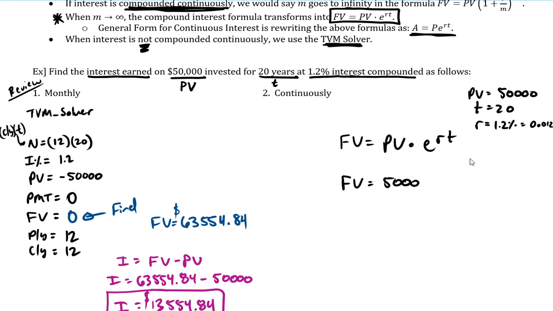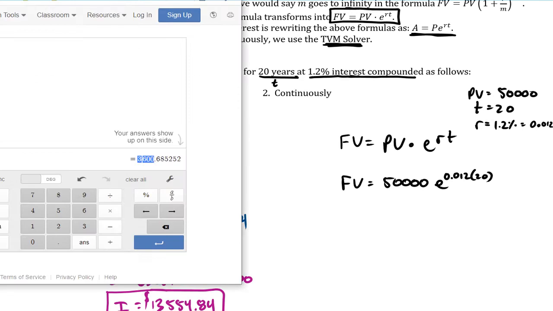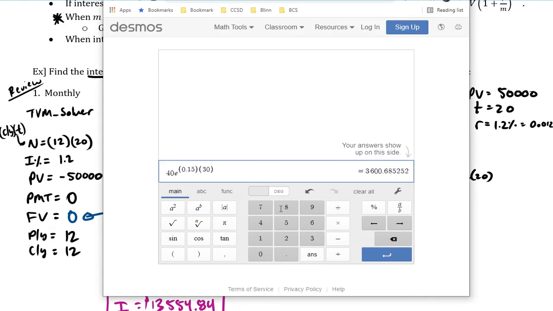So the future value is 50,000 times e to the 0.012 times 20, like that. And that's where I'm going to go back to my Desmos at this point.